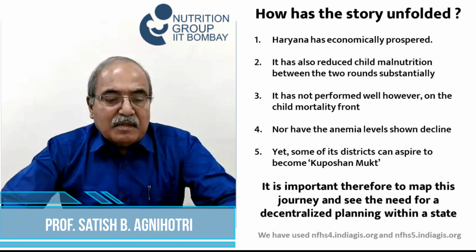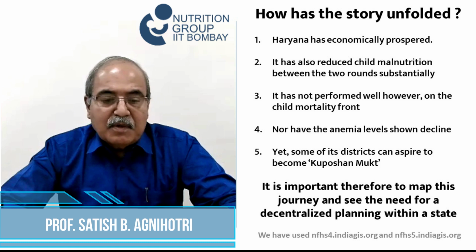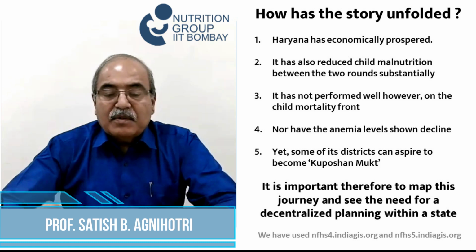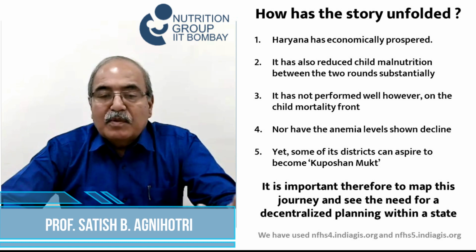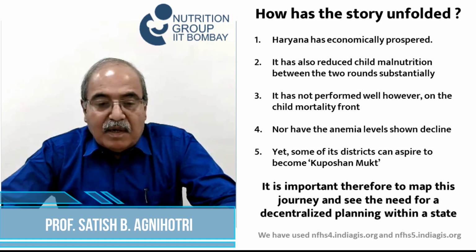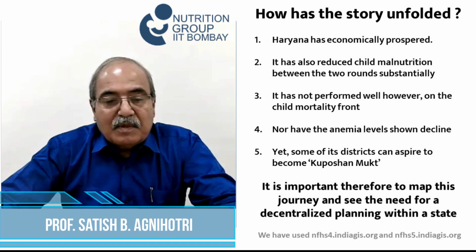While doing this analysis, we have used this site nfhs4.indiagis.org and nfhs5.indiagis.org. Any of the viewers can use this site and see some of this analysis or do this analysis for themselves.